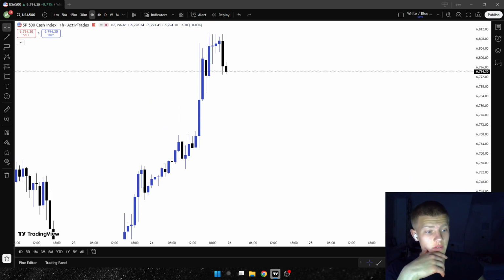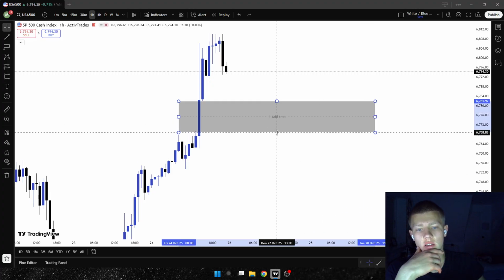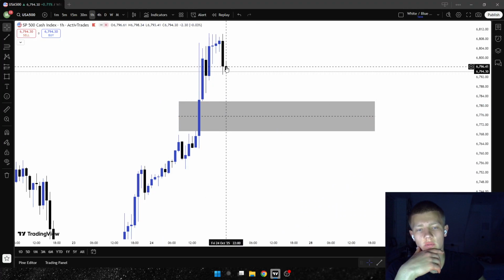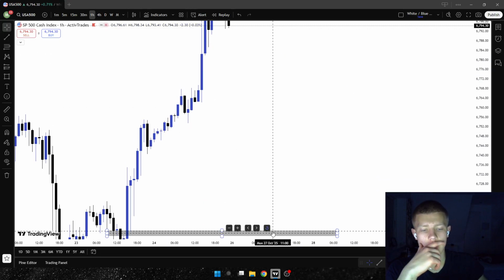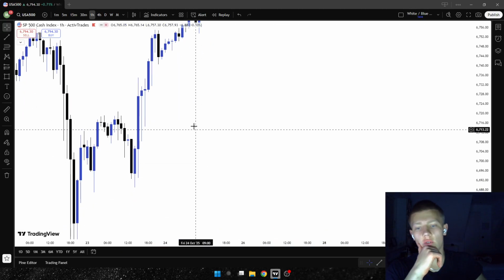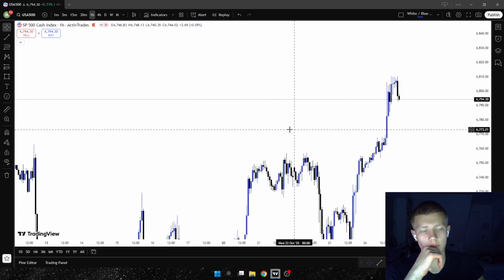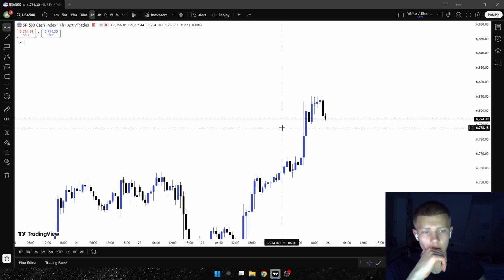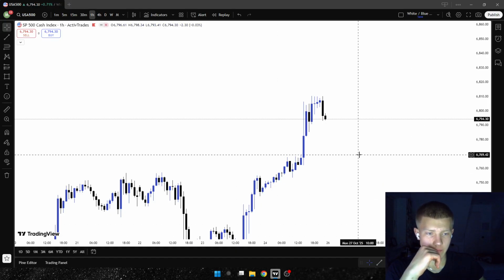And this is a big fair value gap, but just because it's big, it doesn't mean that it's going to get filled. Of course, this is closer to the price action, so that will get filled first. But just remember that size doesn't matter, because if it is a very small fair value gap that you're trying to target, just because it's small, it doesn't mean it won't get filled. Well, it will probably get filled anyways. So keep that in mind. Size doesn't matter in fair value gaps.